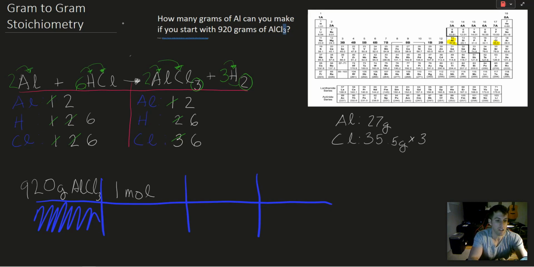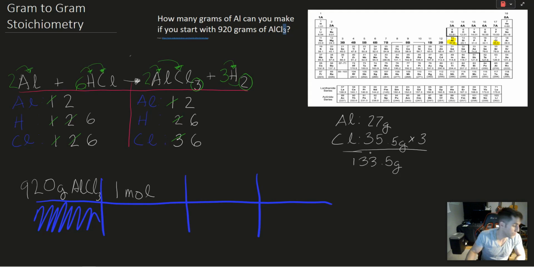I'm going to take 27 plus 35.5 times 3, and I get 133.5. So we put 133.5 grams of aluminum chloride. So in 1 mole, we have 133.5 grams of aluminum chloride.